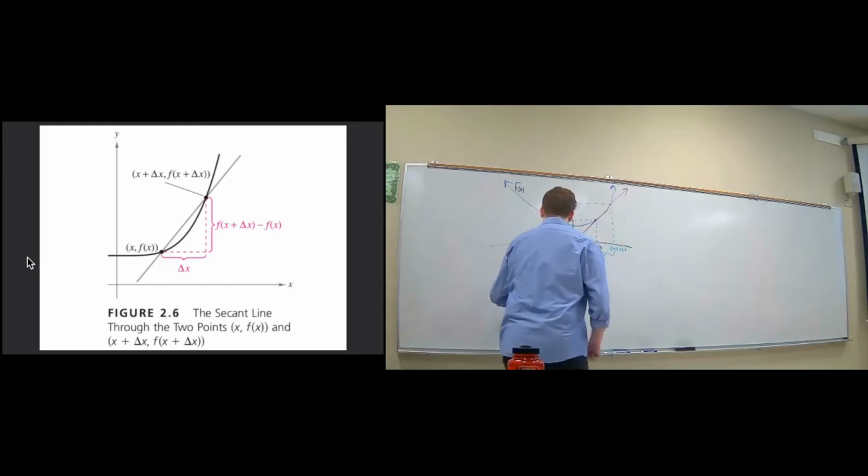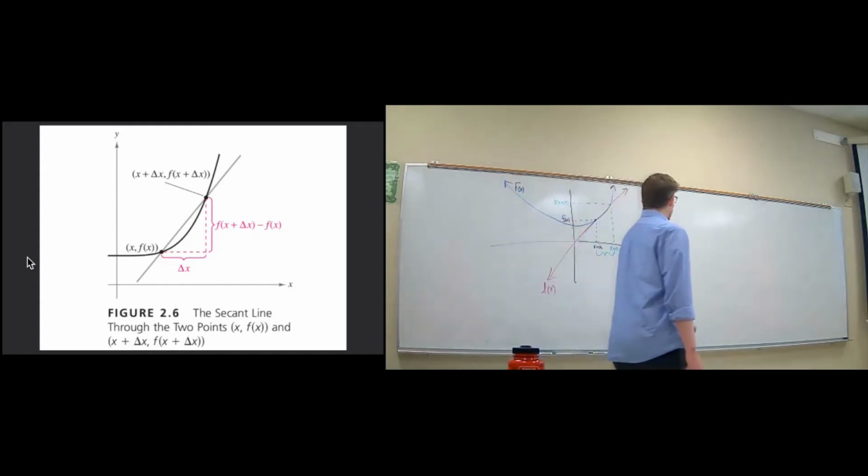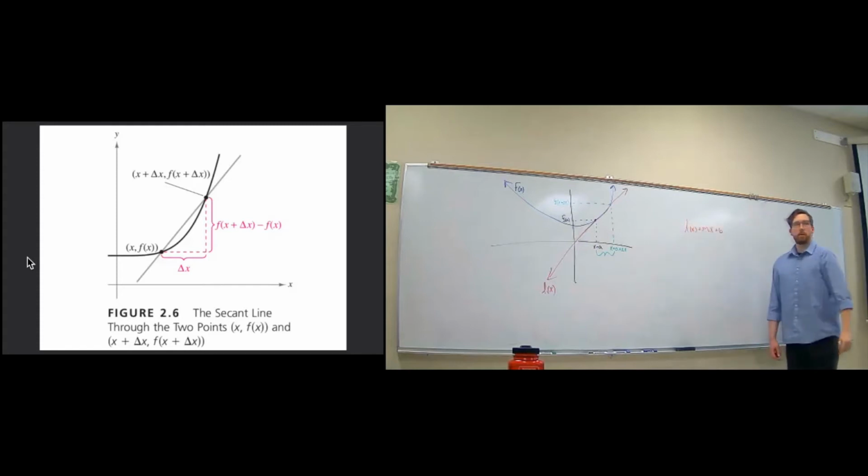This is going to be our secant line, L of x. And we know L of x can be written in the form mx plus b, right?